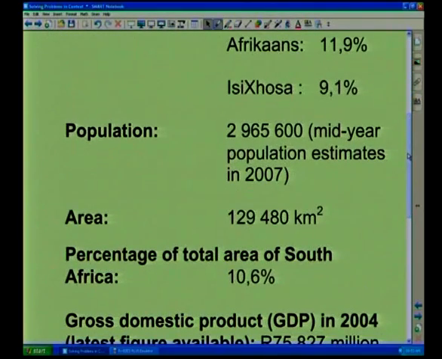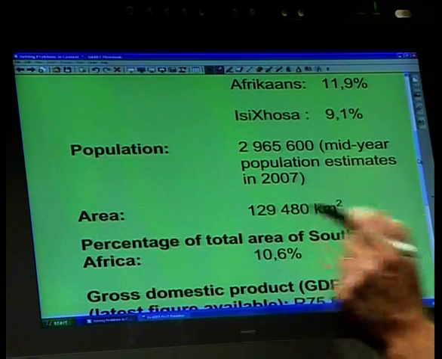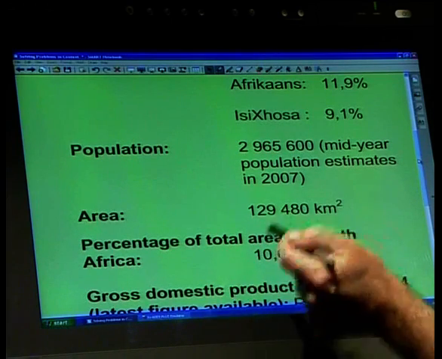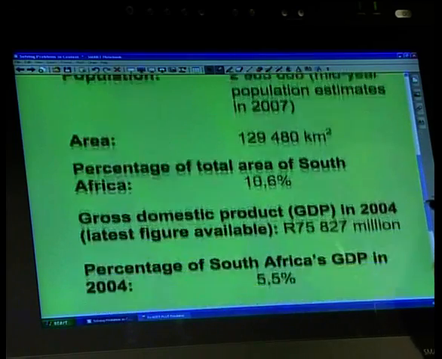They also give us the population figures for the Free State, 2,965,000, and that was the mid-year population estimate 2007. Area given again in square kilometers, and the percentage of the total area of South Africa. So the Free State takes up 10.6%.